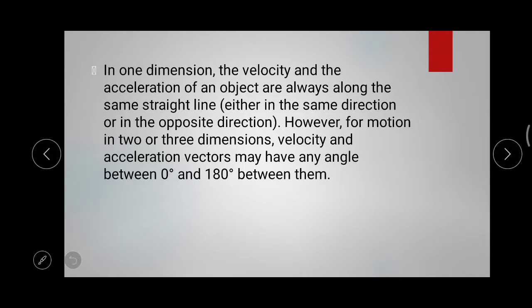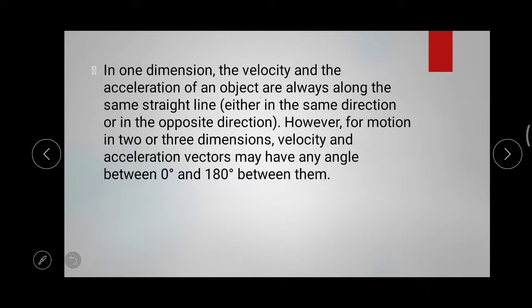In this statement we are comparing both the straight line motion and the motion in a plane. In one dimension the velocity and the acceleration of an object are always along the same straight line. Yes, in the straight line motion, or one dimensional motion, we have seen that both velocity and acceleration are in the same direction or in the same line.